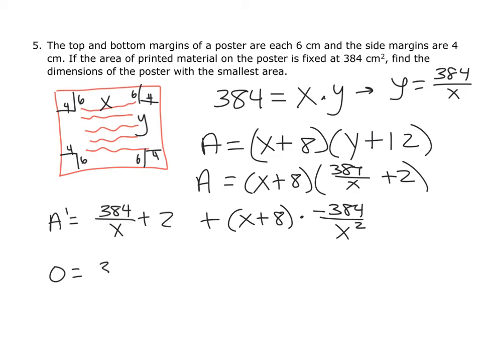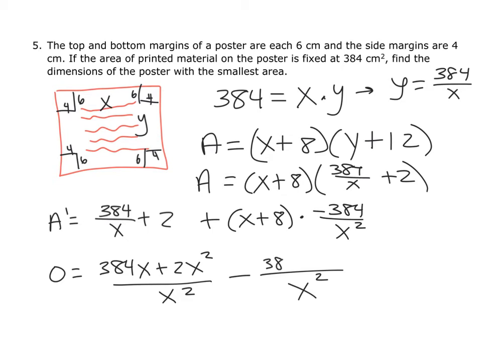So 384x plus 12x squared over x squared. And then minus 384x minus whatever that is, 384 times 8, 3072.